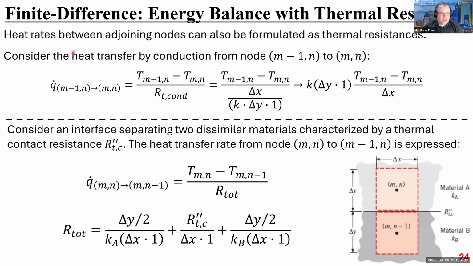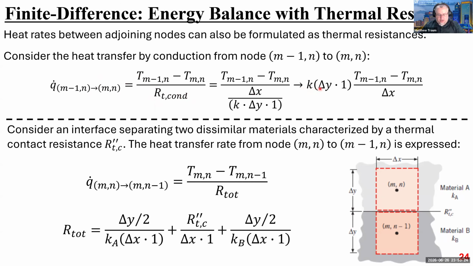So I say consider the heat transfer by conduction from node m minus 1, n to node m,n. And so this is that equation, and this is that conduction that we need to find.